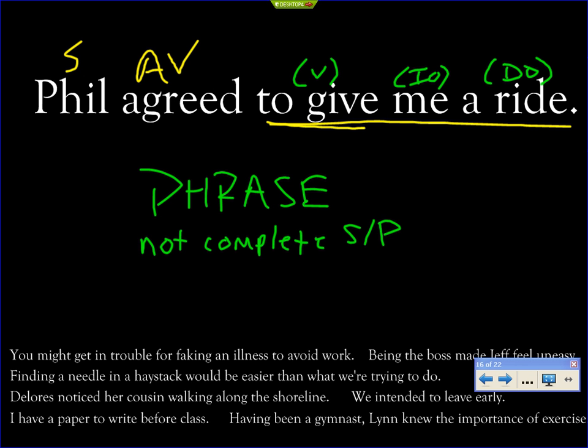What's the other part of the definition of a phrase? Right, subject or predicate, that's correct, but we don't have the complete pair. That's implied. More than one word, that's correct. So, more than one. Phrases grouped together to act as a single part of speech.